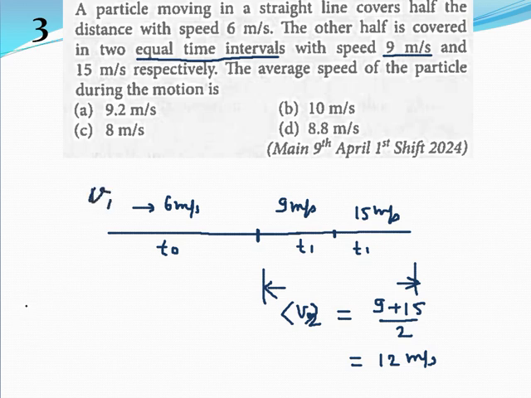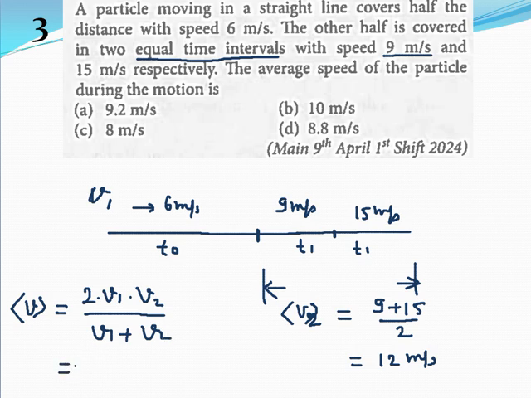For equal distance covered with different speeds, we have a ready-made result for calculating the average speed. This question has usually been asked many times in the NEET examination as well. This is a repeated kind of question. So 2 v1 v2 upon v1 plus v2, and we get the answer 8 meter per second, option number C.